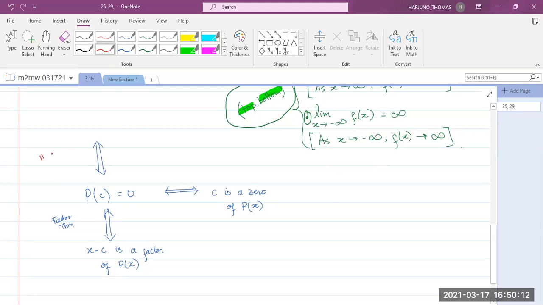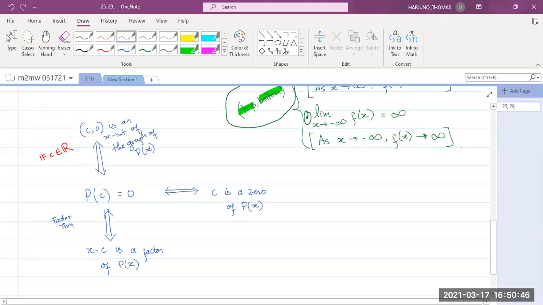If c is a real number, not a complex number, then (c, 0) is an x-intercept of the graph of that polynomial P(x). Okay.